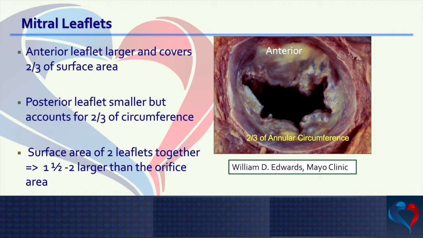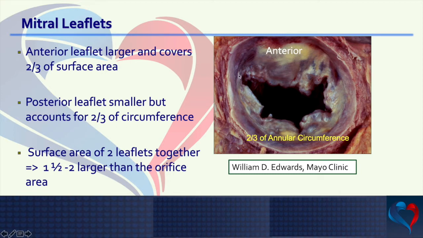One important feature of the mitral valve leaflets is that the anterior mitral leaflet is larger, and it covers actually 2/3 of the surface area. While the posterior leaflet is smaller in surface area, it actually accounts for 2/3 of the circumference.